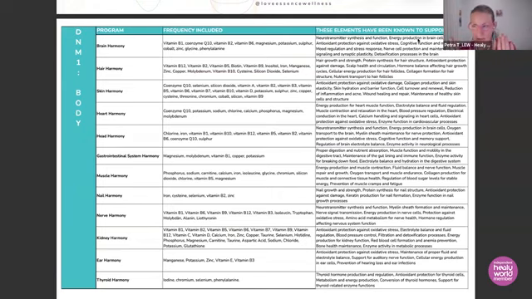Have in mind that if it says this is what it does, that doesn't mean that's what the program does. That means that the frequencies of these elements have been known to support these things in the body. Yes? So that doesn't mean that you can go around telling everyone that the brain harmony gives you antioxidant protection.